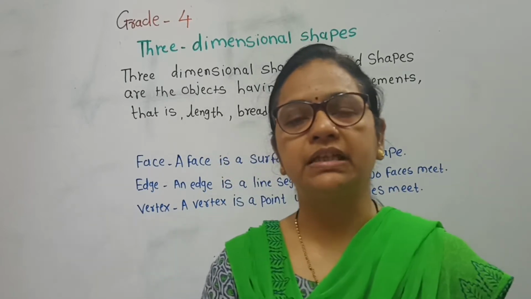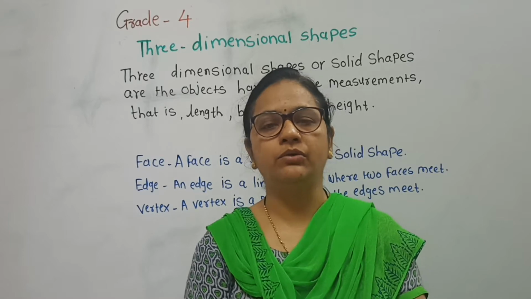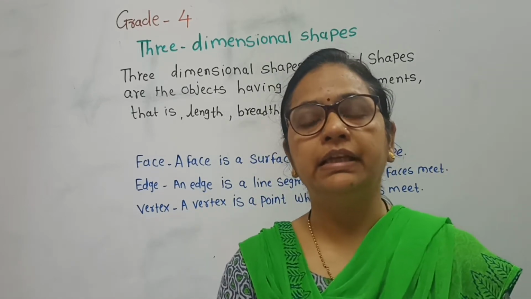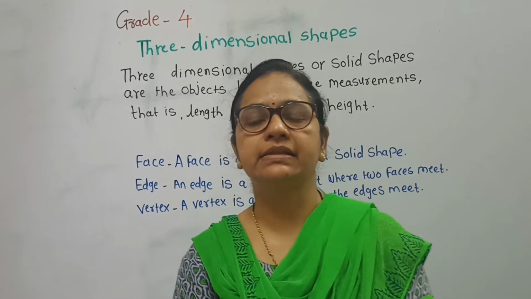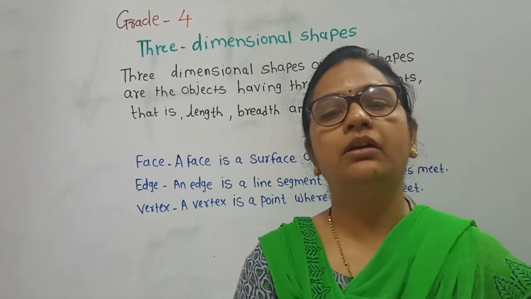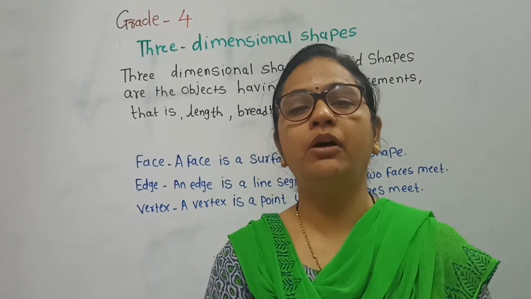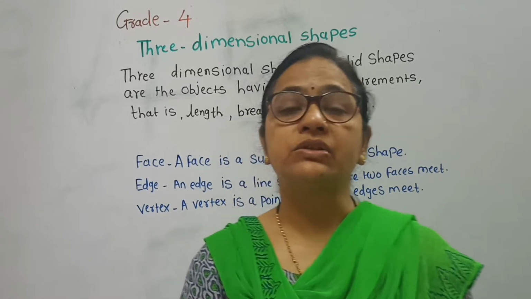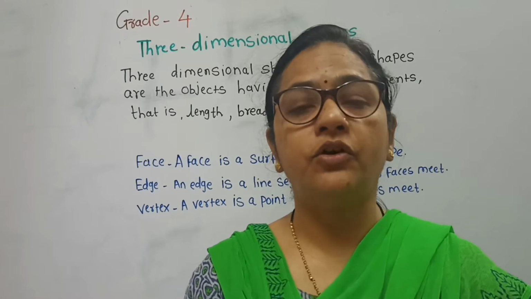Our shape chapter is going on, and in the previous session we learned about the circle. What is a circle? What are the parts of a circle, like radius, diameter, chord, and how to draw the circle with the help of radius? Then also how to find the radius with the formula.